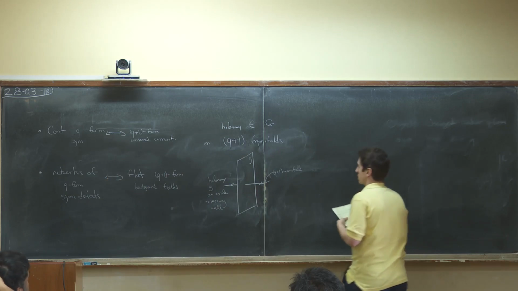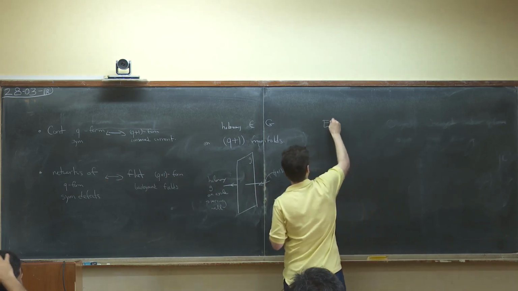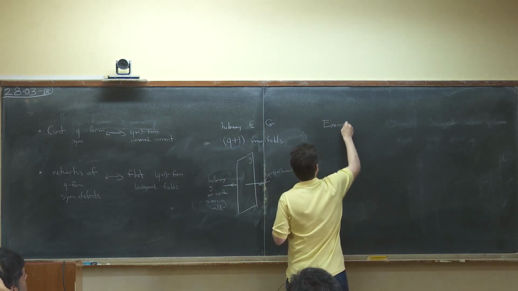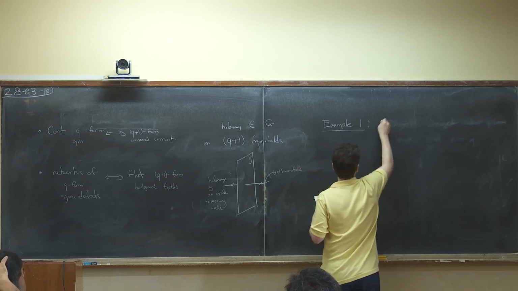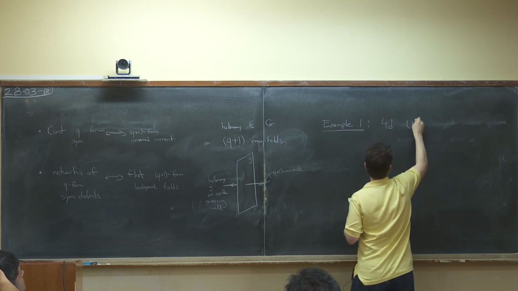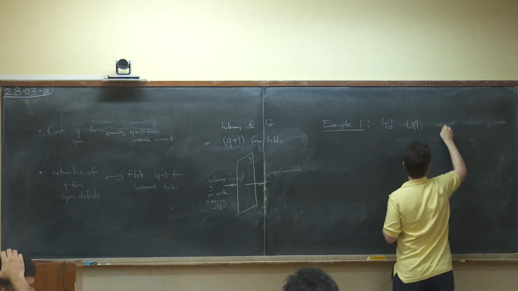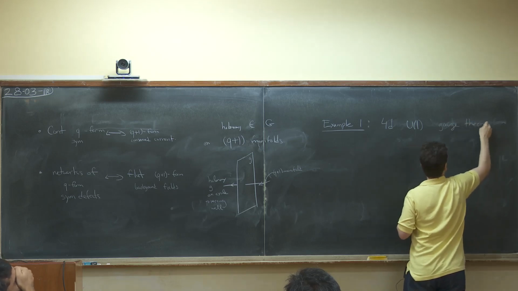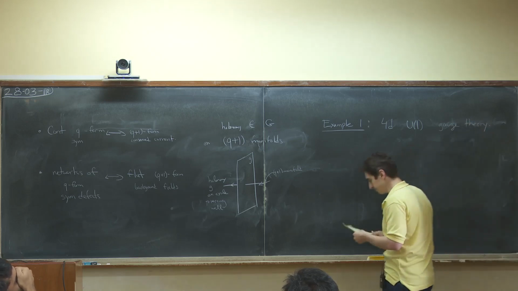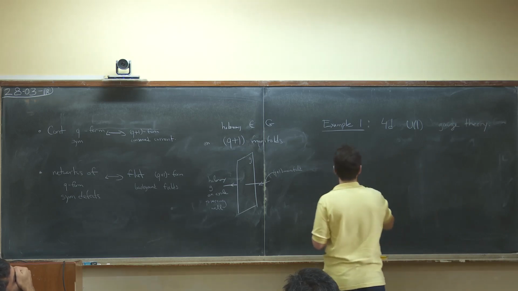Okay, so what's the most basic example? Four-dimensional U(1) gauge theory. Free, no matter. Okay, so what's the one-form symmetry?